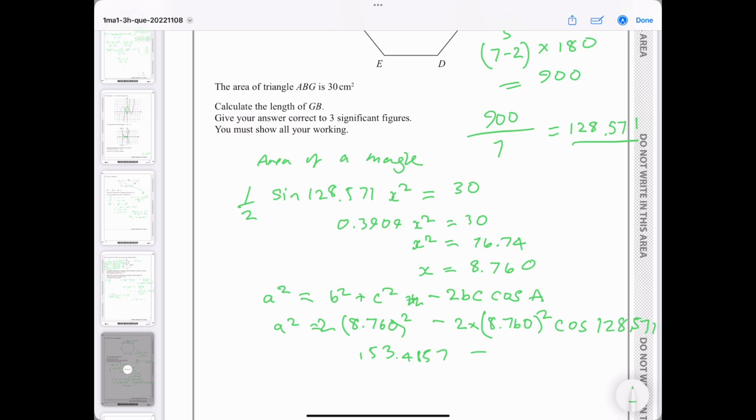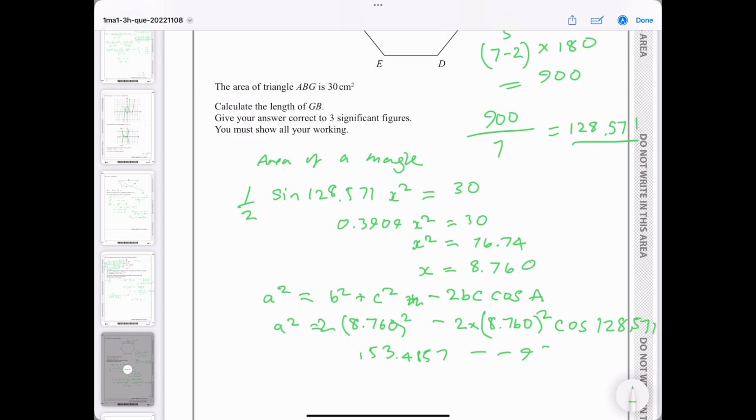No, that doesn't look right. Okay, cos 128.57 equals, now times 8.76 squared times 2 equals, so that's minus 90.